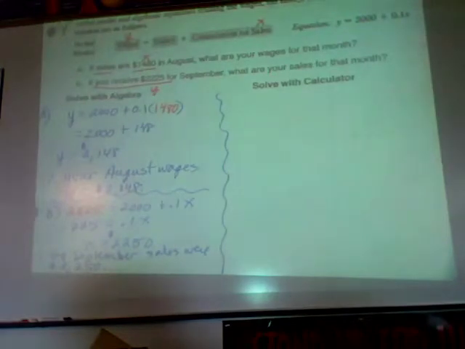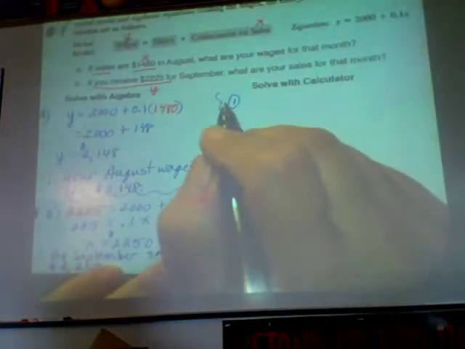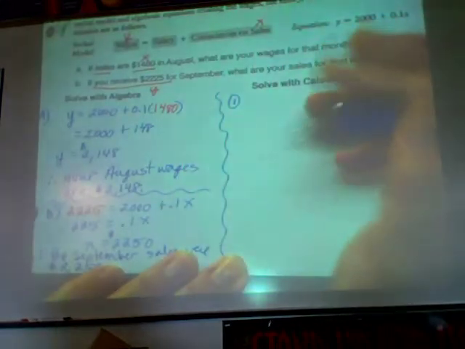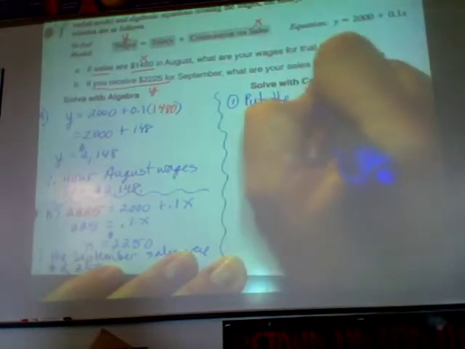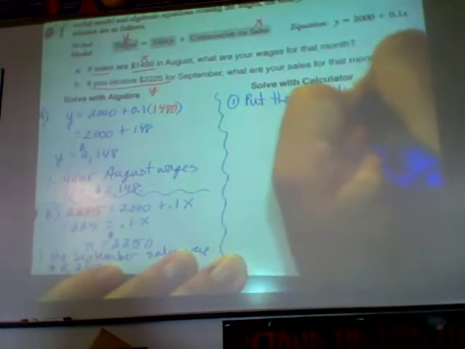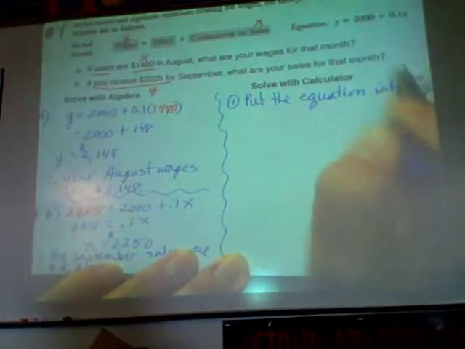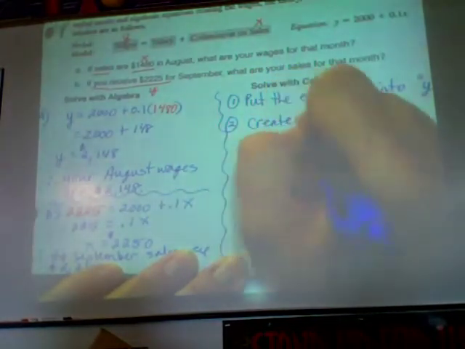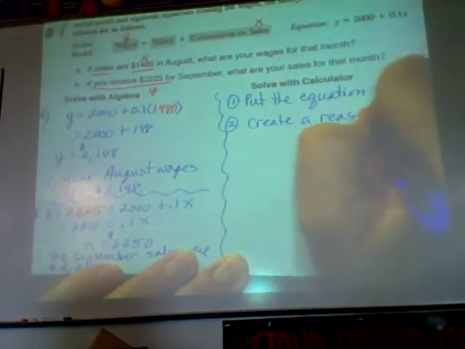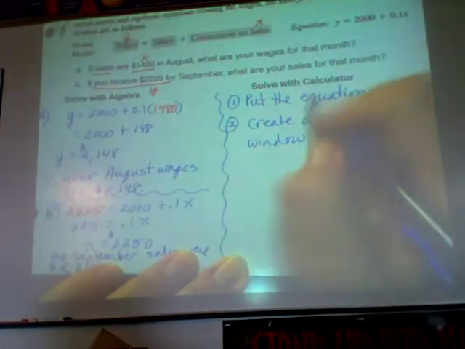Write the following down. So the very first thing, what are you going to do? How would I do it on my calculator? Well, we're running out of time, so I'm going to help you. Put the equation into Y equals. And then we're going to have to create a reasonable viewing window.